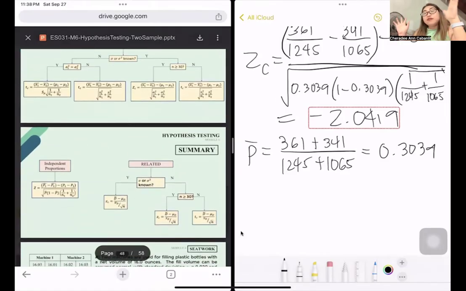However, if it's independent proportions, we use z for p1 minus p2. If the samples are related, we ask whether sigma is known or unknown, then use z. If n is greater than 30 we use z; if less than, we use t. And the SD is computed from the summation of the differences, similar to the mean square error.